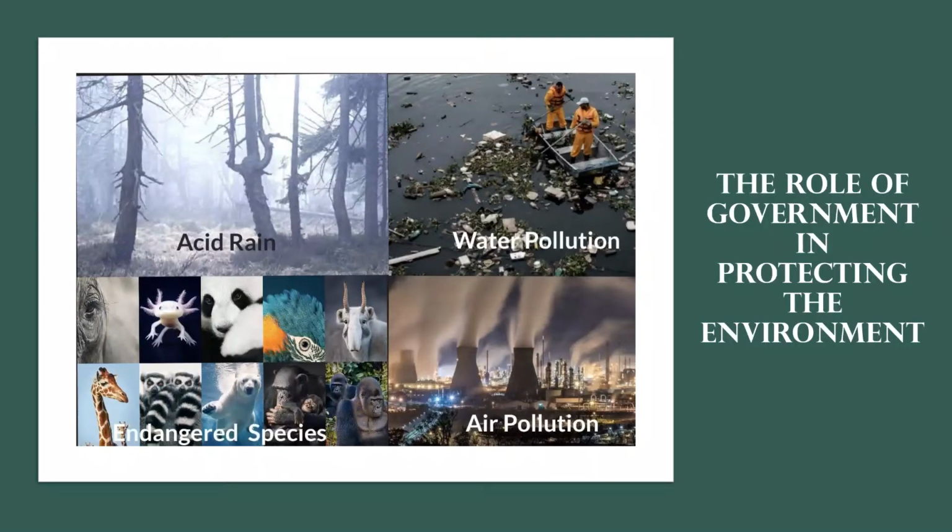Who owns the water? Nobody owns it, but we all own it. We all own the atmosphere, and yet nobody owns it. And so it becomes a real challenge to be able to protect these goods, if you will.